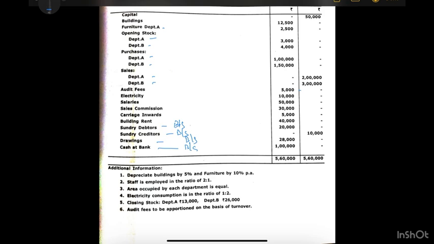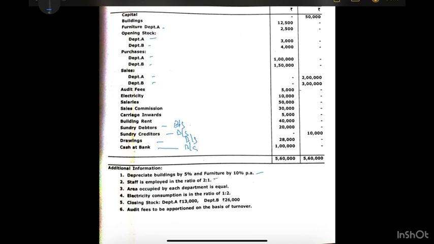Let us see the additional information given. Depreciate buildings by 5% and furniture by 10%. Staff is employed in the ratio of 2:1. As I said, the expenses related to staff, salaries or wages, are to be divided in this ratio.